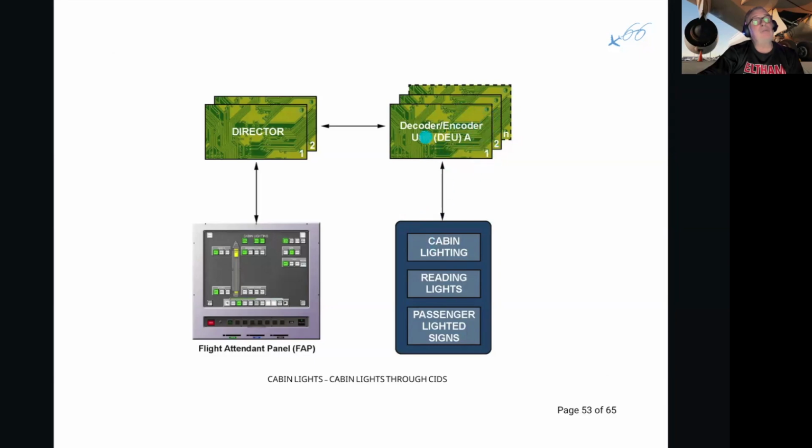These are lined through the cabin and are responsible for 2 or 3 seat rows. So if you have 30 seat rows on the right hand side and 30 seat rows on the left hand side, you'll have 10 or 12 of these DUAs for the lighting. You'll have some for the passenger call lights, and some for all different functions.